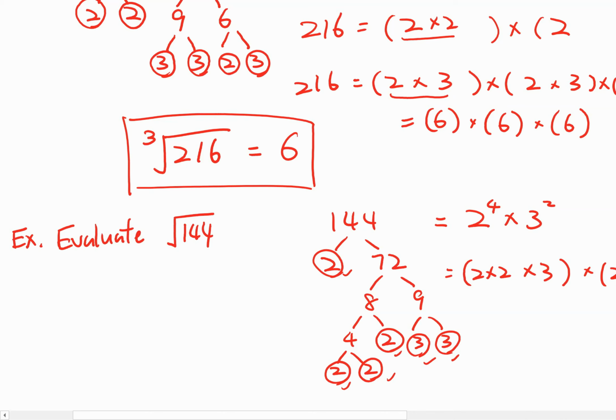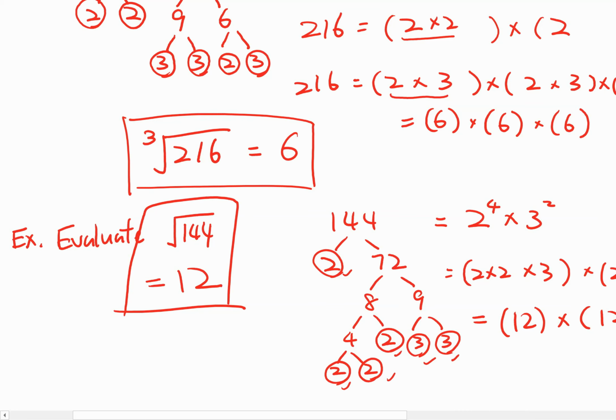Done. This is 2 equal sets of brackets, so this is definitely a perfect square. So this is 2 times 2 times 3 is 12. So this is 12 times 12, which means the square root of 144 is 12.